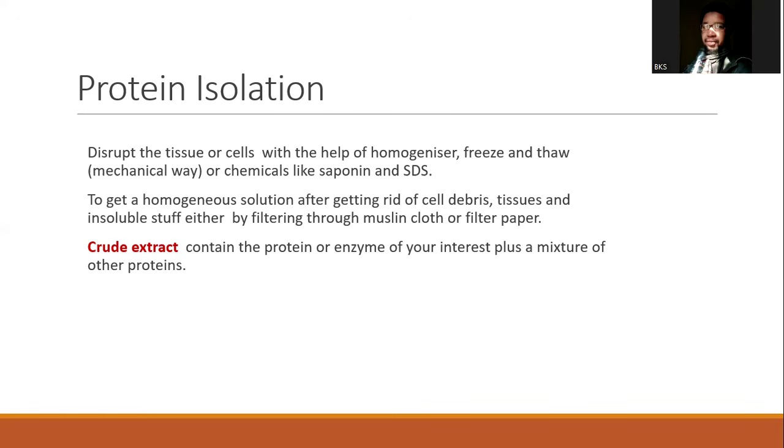But you can actually spin at more than around 80,000. At 80,000, you know that all the organelles must have moved down and settled as a pellet. Then what you will have is the cytoplasm component, and in the cytoplasm you have your protein suspended. So you can collect it and discard the pellet.